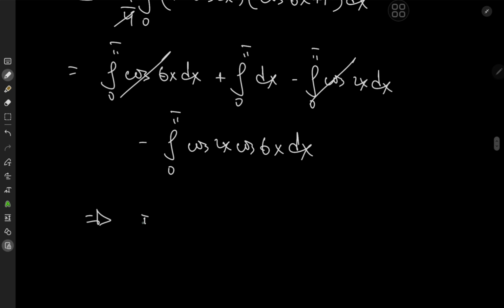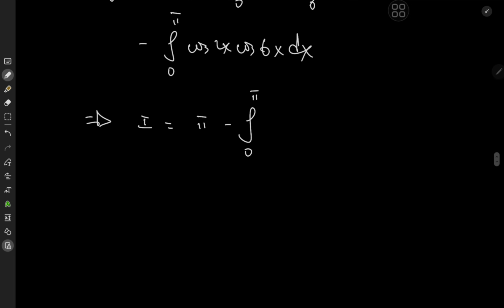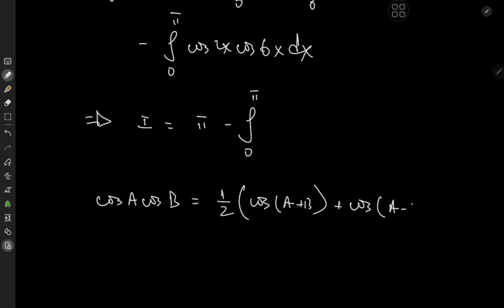This implies that I here is equal to pi minus this remaining integral, which can be solved using the product to sum formulae. So recall that cosine A times cosine B equals 1/2 of cosine of A plus B plus cosine of A minus B. It should be a plus sign because the sine terms will cancel out.